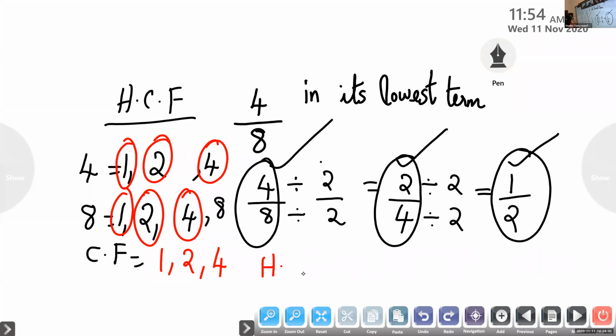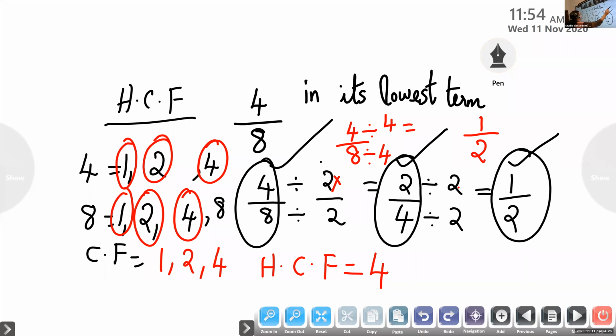And from here, which is the highest common factor? HCF is 4. So children, if you divide directly by the HCF, 4 by 8 divided by 4 and 4, you will get 1 by 2 directly. So you find the lowest terms by division and by HCF.